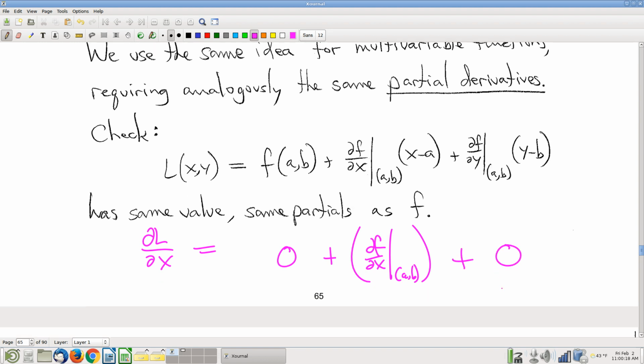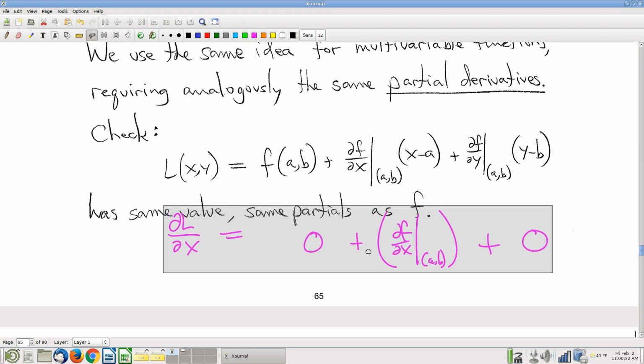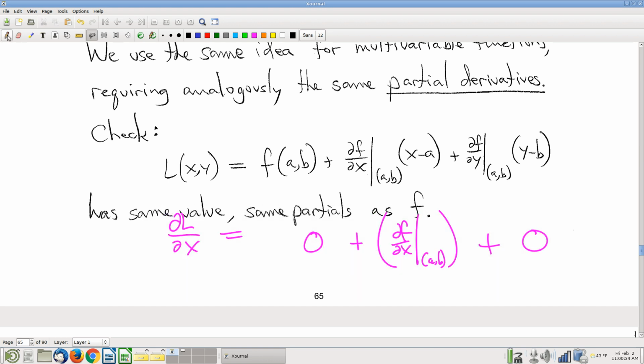Okay, so we've taken the derivative, but now let's plug in. What do I get when I plug into this result? Oh, gosh, I need a little bit more space. When I plug into that expression at the point A comma B, the expression into which I'm plugging certain values is 0 plus a constant plus 0.